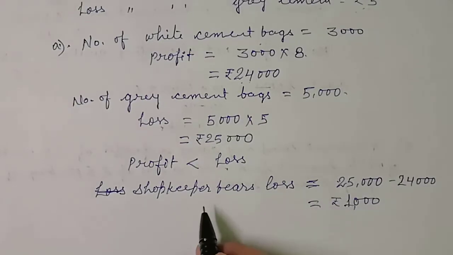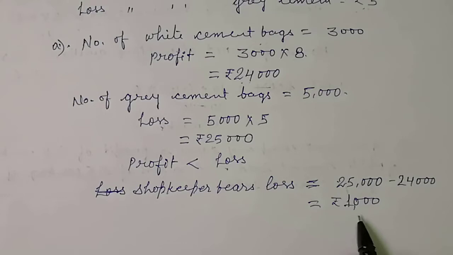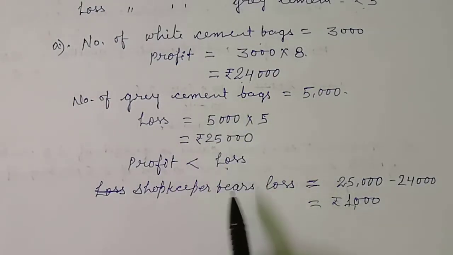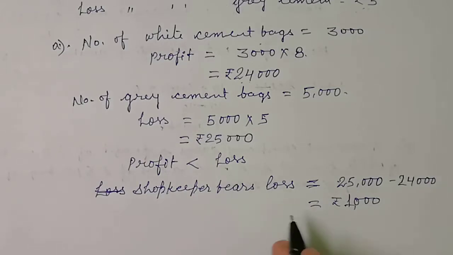That means finally the shopkeeper bears a loss of 1000 because loss is greater than profit. So he will bear a loss here.